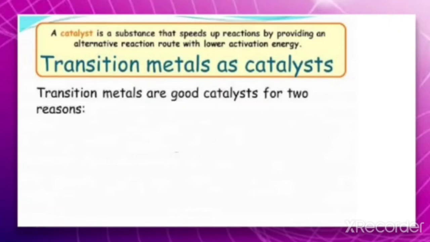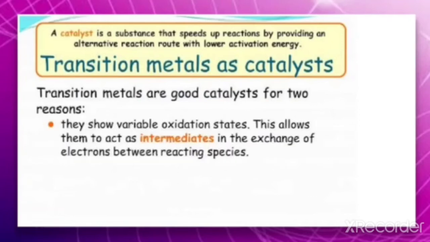The transition metals are very good catalysts because of two reasons. First reason, they show variable oxidation states. Because of this, they can act as intermediates in the exchange of electrons between the reacting species. So the most important point is that because they show variable oxidation states, they act as good catalysts.